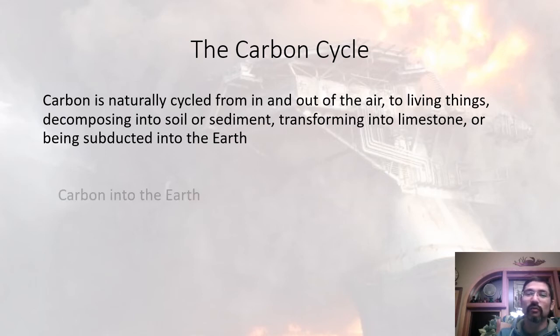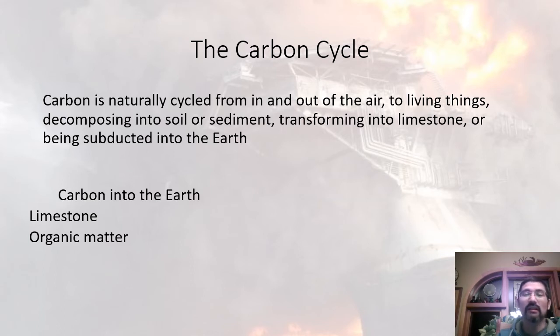So carbon goes into the earth via limestone. So we have living creatures which build shells and build their bodies out of calcium carbonate, which has carbon in it, in the ocean water. And then those animals die and they become a sedimentary rock called limestone. So limestone sort of captures and sequesters carbon in the earth.